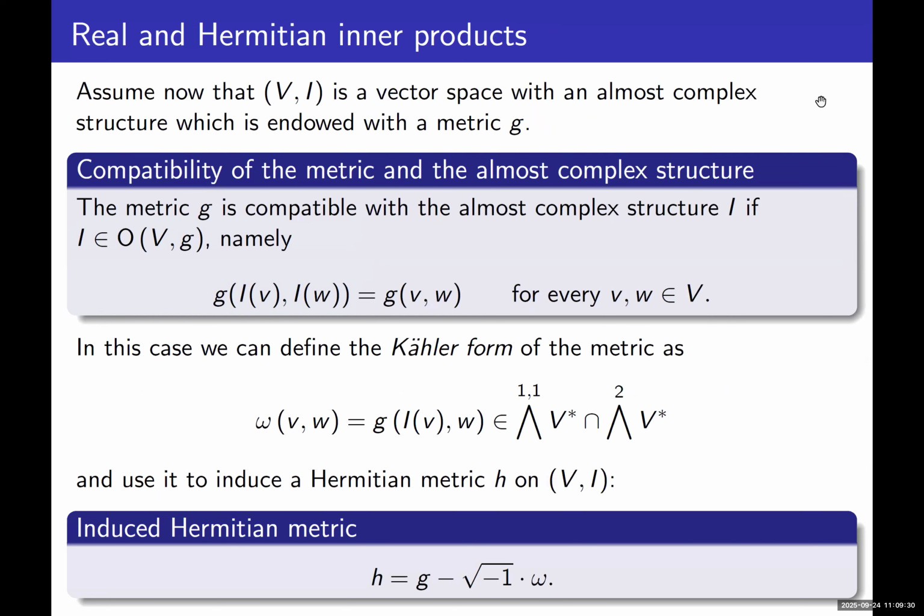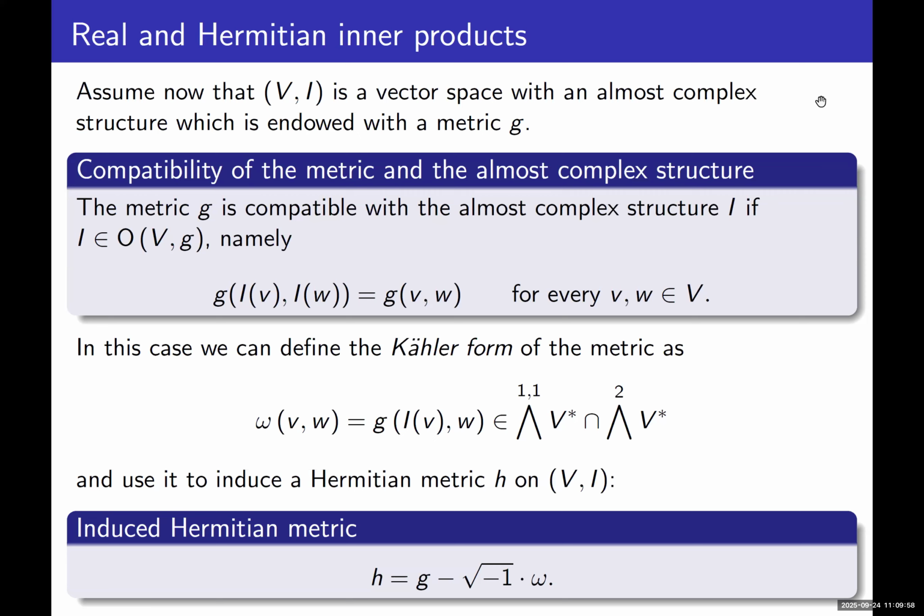Now, once we have a vector space, we can add a metric on it and study whether the metric is compatible in some sense with the almost complex structure. The easiest way they may be compatible is that the almost complex structure, as an endomorphism of V, is orthogonal with respect to the inner product g.